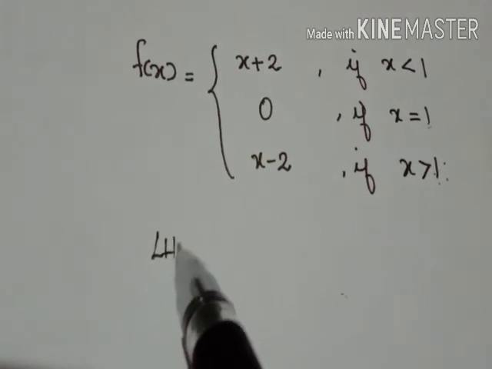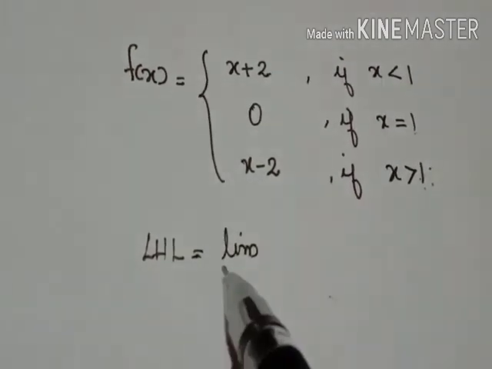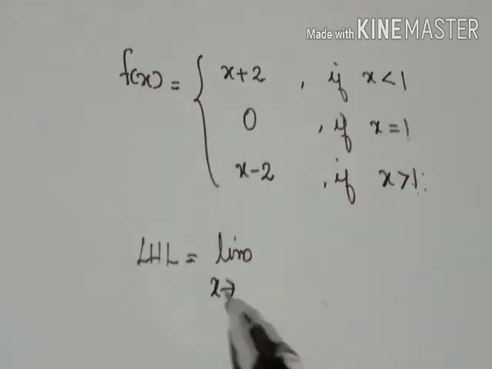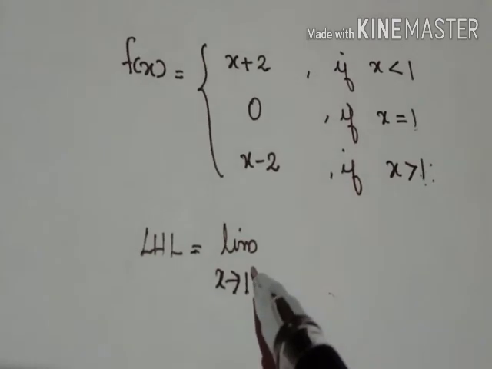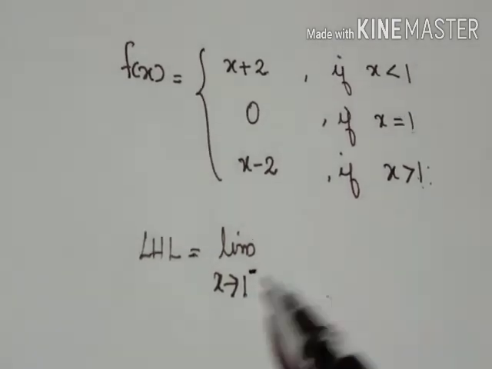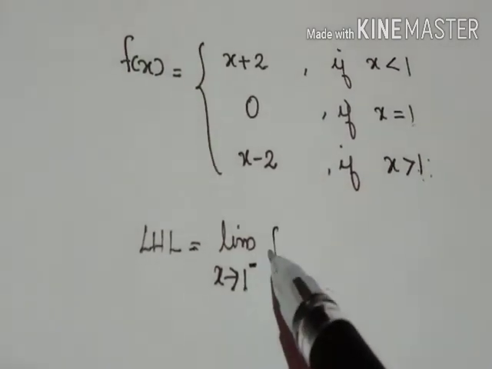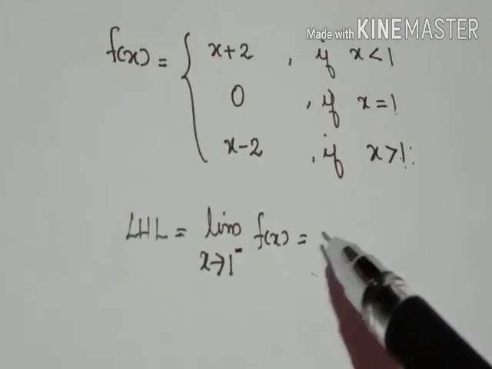First we have to see the left hand limit. By definition, left hand limit equals limit x tends to, what is the common number? 1. For the left hand limit, write a negative sign here, read as limit x tends to 1 minus f of x. Now the next step is to replace f of x.